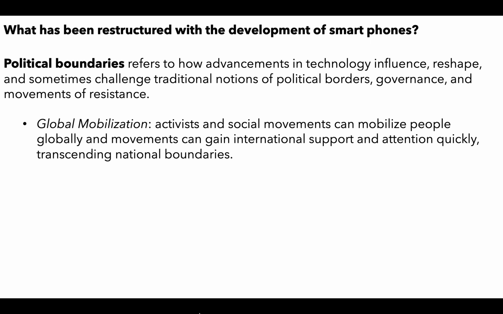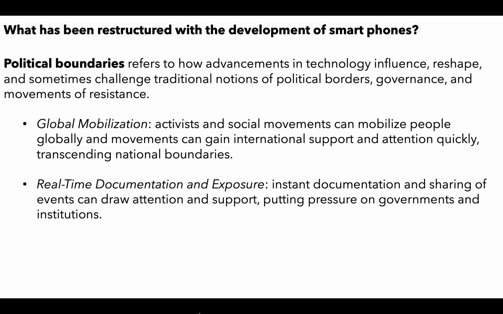Whereas in the past, social movements that took place in Libya were contained to Libya, for example, now social movements taking place in Libya can have a far wider global mobilization, global appeal, because there's this transnational aspect to information sharing via social media and via our phones.